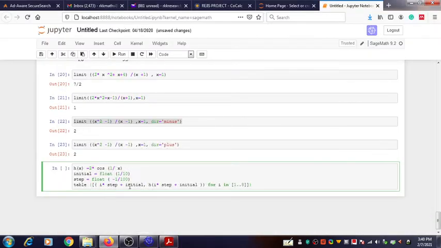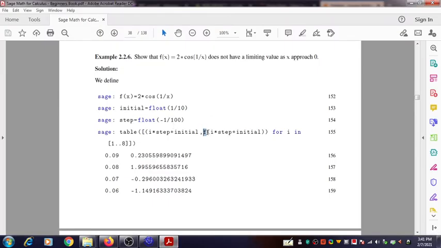The table equals i star step plus initial, comma, h. But since the function is changed, the corresponding change must be made wherever that f is used. F is used in two places, so all those f's must be changed to h.